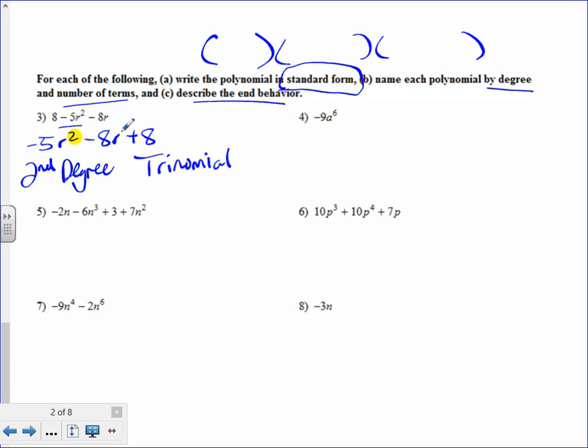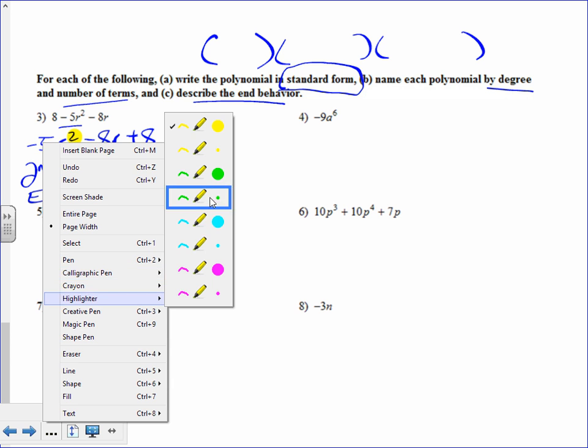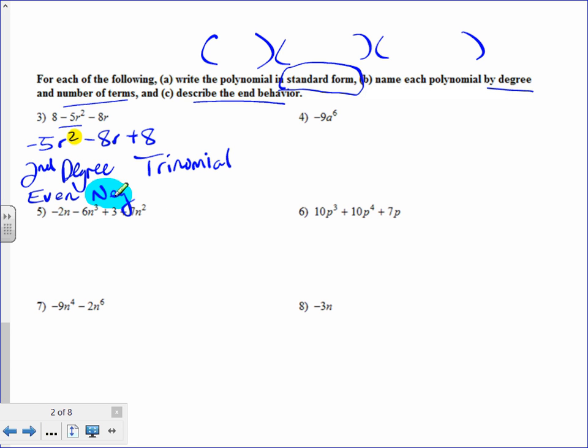Describe the end behavior, Latrell. Even. Listen, the difference is factored form versus standard form. Go back to your original worksheet.